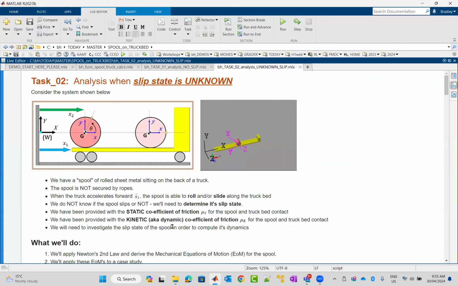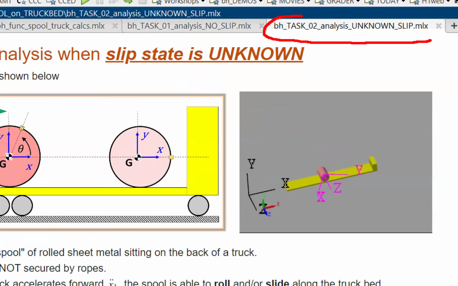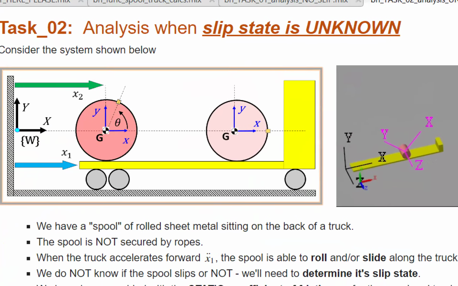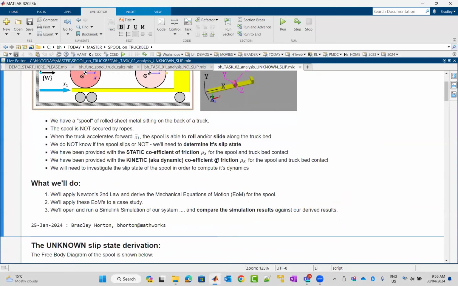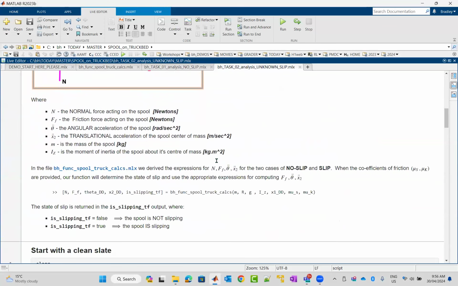So when you click on that link, I'm really hoping that it opened the task 2 analysis script file. And the main thing that you need to embrace for the next few minutes is we don't actually know what the slip state of the spool is. We need to determine what that is. All right, so let's scroll down our document.